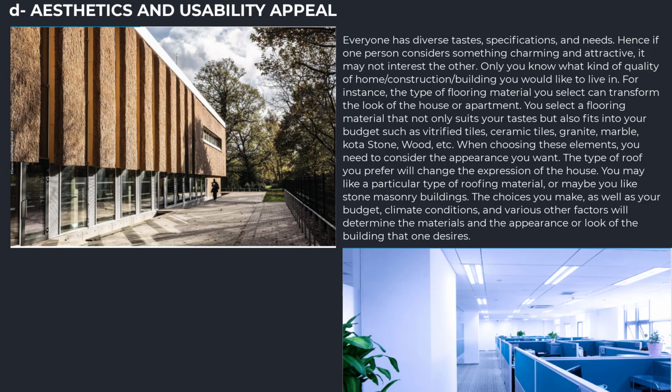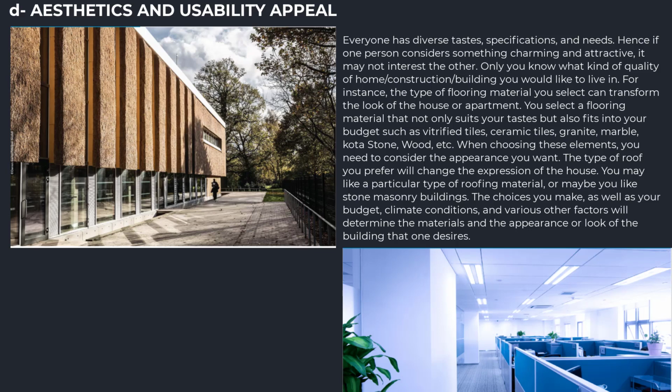For instance, the type of flooring material you select can transform the look of the house or apartment. You select a flooring material that not only suits your tasks and tastes, but also fits into your budget, such as vitrified tiles, ceramic tiles, granite, marble, stone, wood, etc.